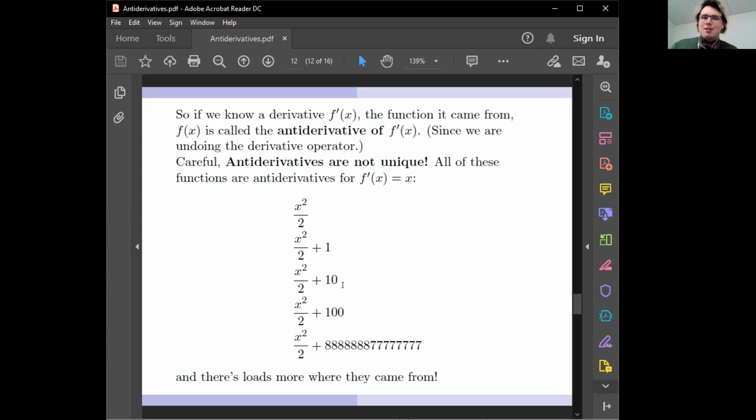Why, even this function, x squared on 2 plus 7/8 followed by 8/7. Why did I pick 7/8 followed by 8/7? Because it's a prime number, and I think that's cool that a prime number could look like that. All of these are different antiderivatives of the function.